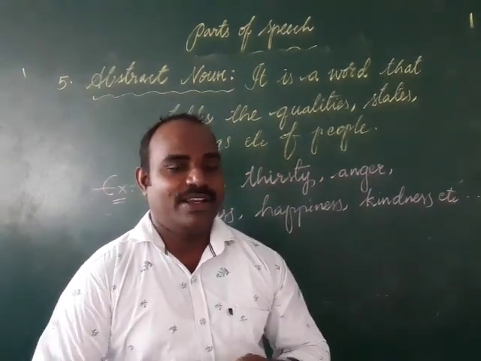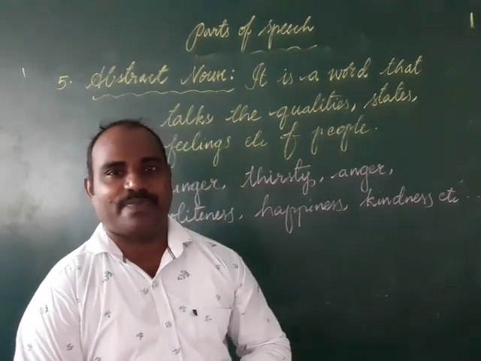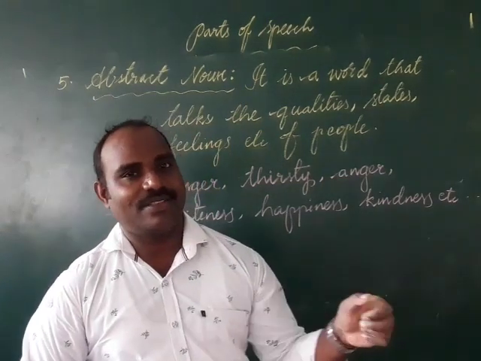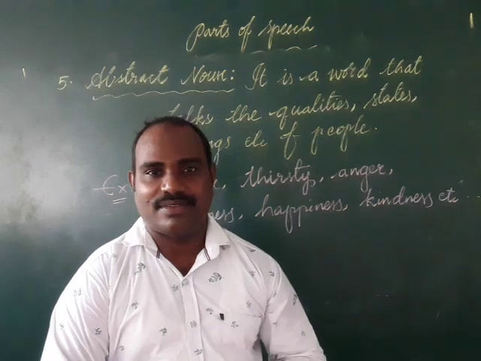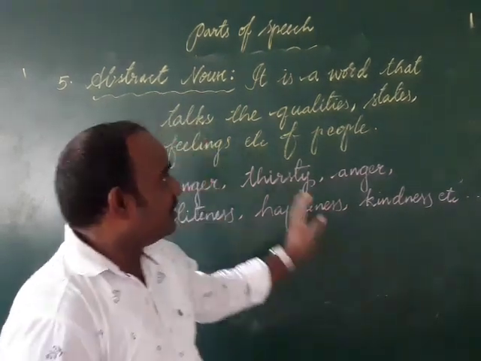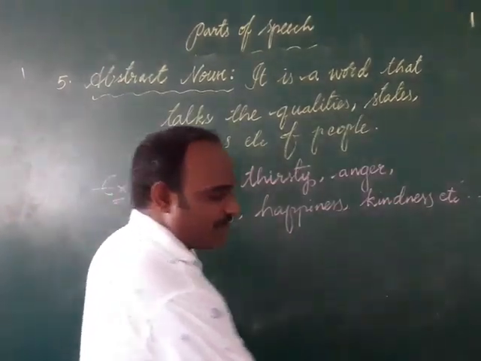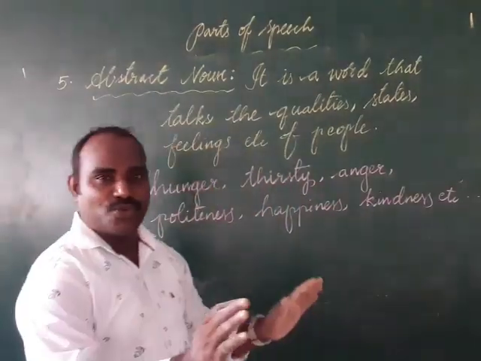But we can feel them, we can enjoy them, we can experience them. But concrete nouns can be touched, can be seen, and have a certain physical shape. So these are the five types of nouns, and one more thing.